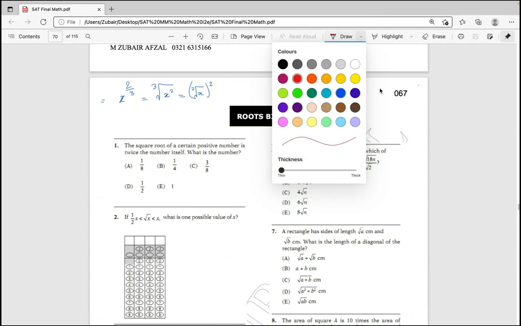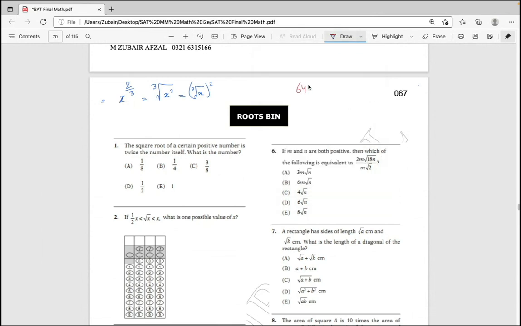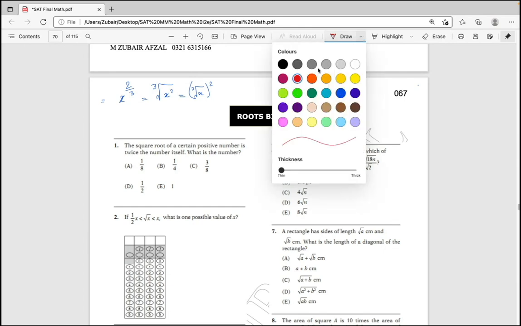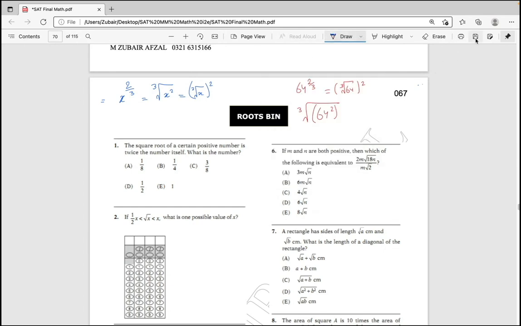Like if someone would say 64 to the power 2 by 3, I can write it in 2 ways. That is cube root of 64 whole squared, or 64 squared whole cube root. Sometimes it is better for us to think one way. For example, if I look at the first option, cube root of 64 is 4 and then square of 4 is 16.